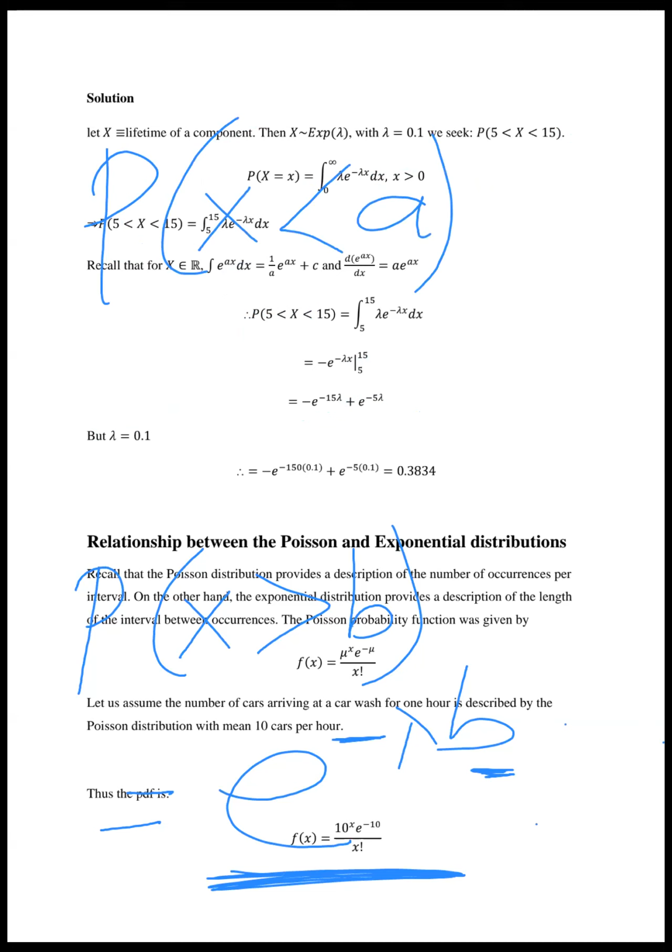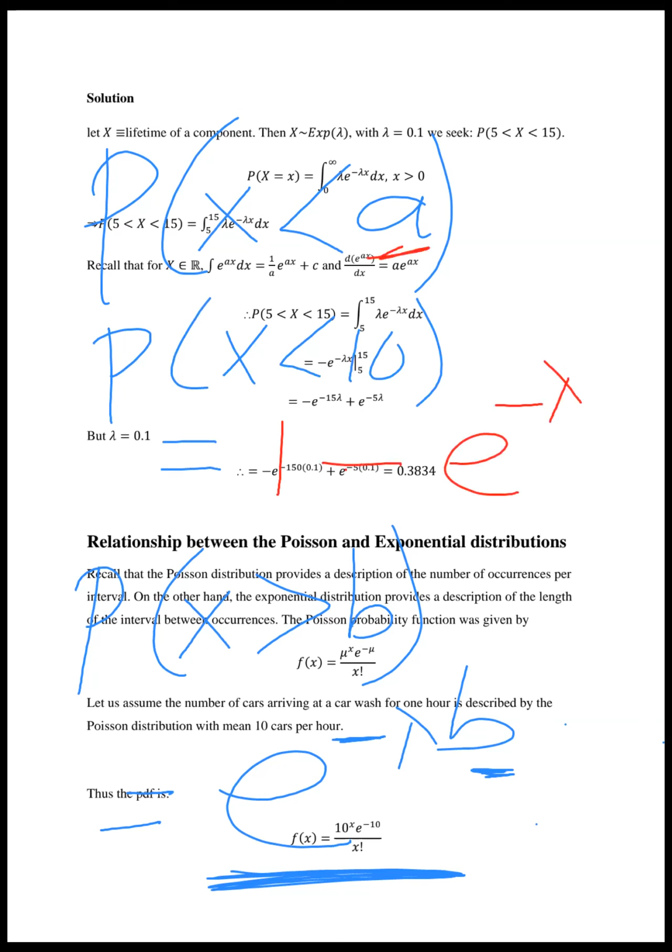In this case, let's say less than 10 minutes, so it will be the probability that x is less than 10. How do you find this one? Let me use a red marker. It would be basically 1 minus e to the power negative lambda a, just that value. So this is for less.